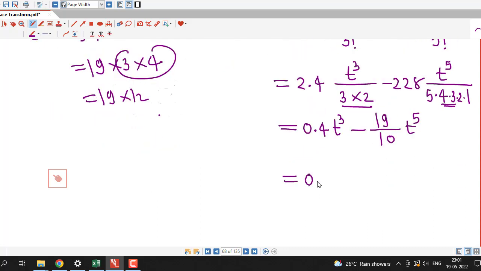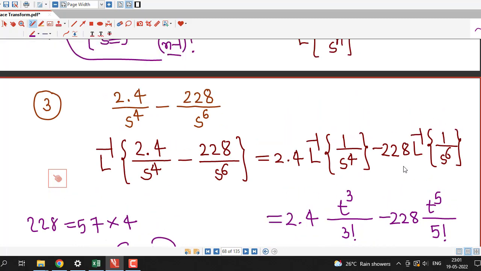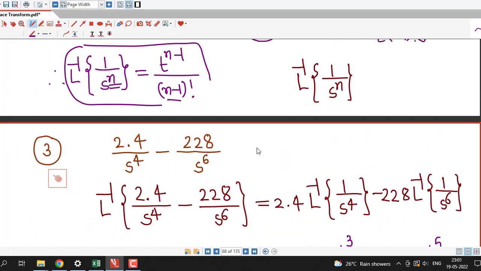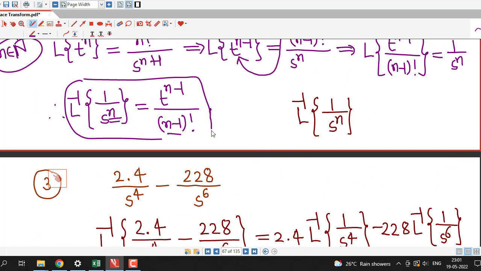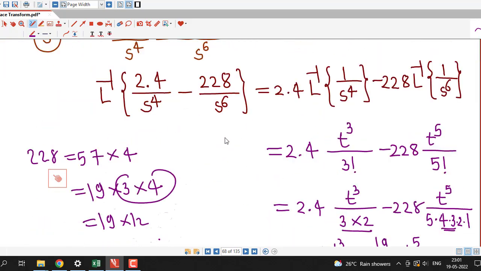So finally we obtain 0.4 t raised to 3 minus 1.9 t raised to 5. So this is the inverse Laplace transform of this function. We have simply used this formula and the linearity property: L inverse of 1 divided by s raised to n equals t raised to n minus 1 divided by n minus 1 factorial, n belongs to the natural numbers.